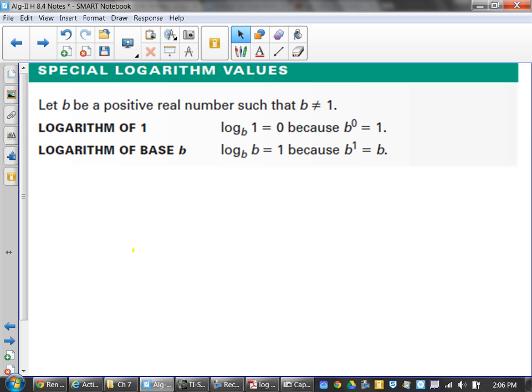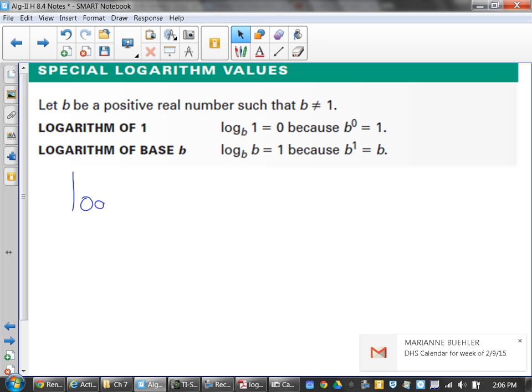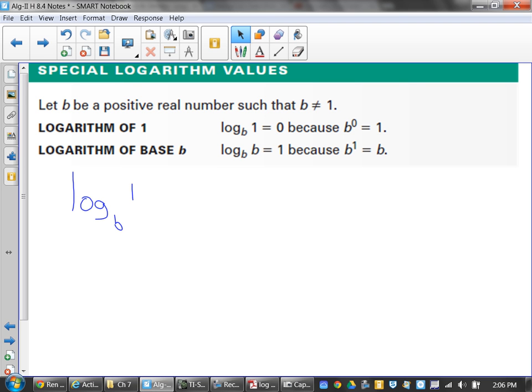Therefore, b to the x is y. What happens here are these two very simple properties that we're going to use a lot. Think of it this way. Log base b of 1 is 0. And the reason that is because what's anything to the 0 power? 1.